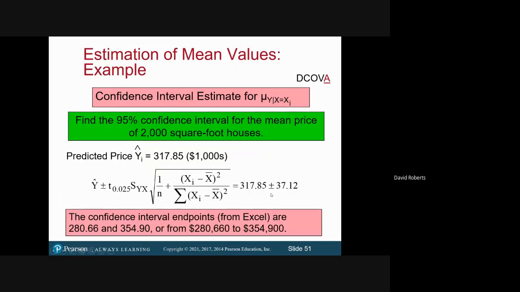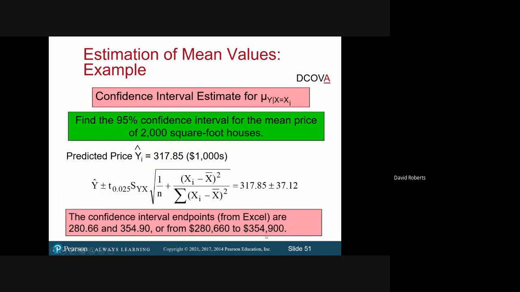All right. So if you want to do a confidence interval for this, the predicted price of the house is the 317.85. And you can do a confidence interval using the 0.03 and the 0.1858 to get the 280 to 354.